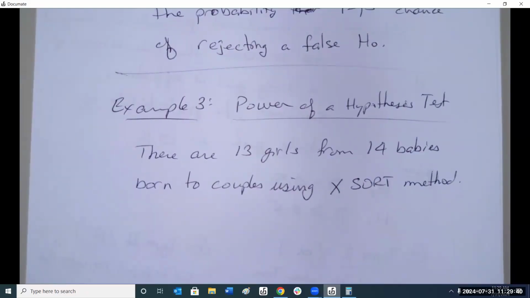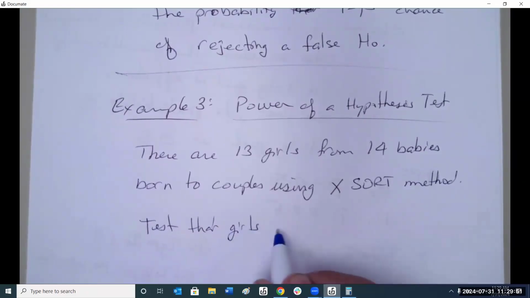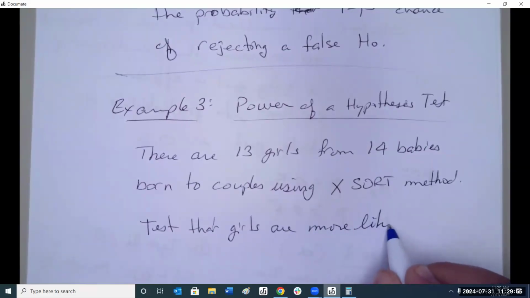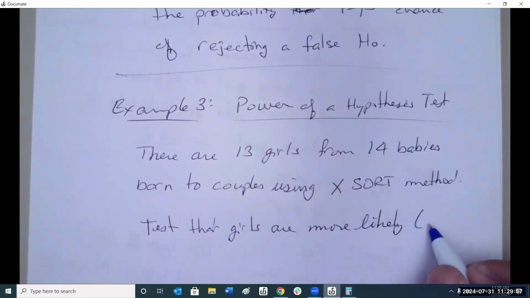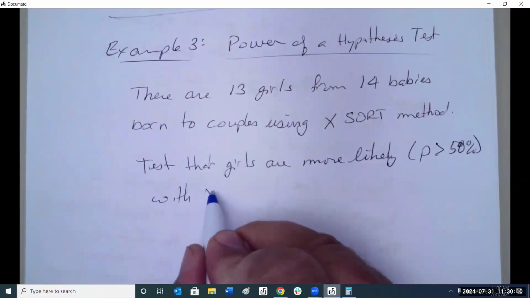We want to test the claim that girls are more likely, that means greater than 50%, with XSort.